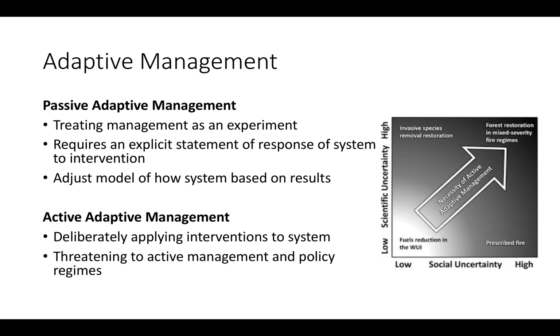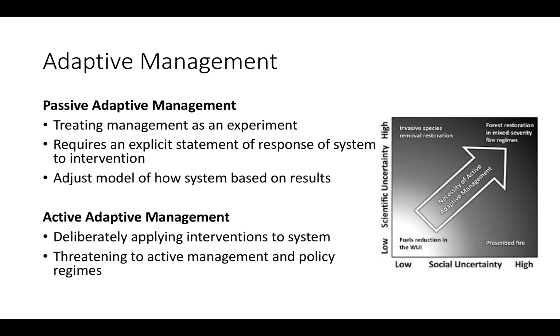Passive adaptive management does treat management as an experiment, and by that I mean there are explicit hypotheses or explicit thinking about how the system will respond to management interventions. But those management interventions are prescribed because they seem like the best management solution, not because it is an active experiment. So that's the difference.